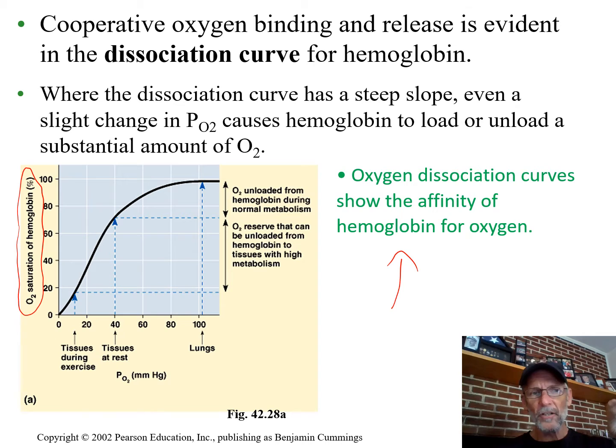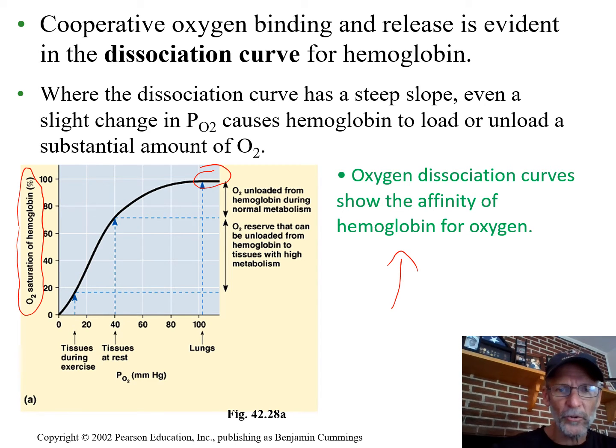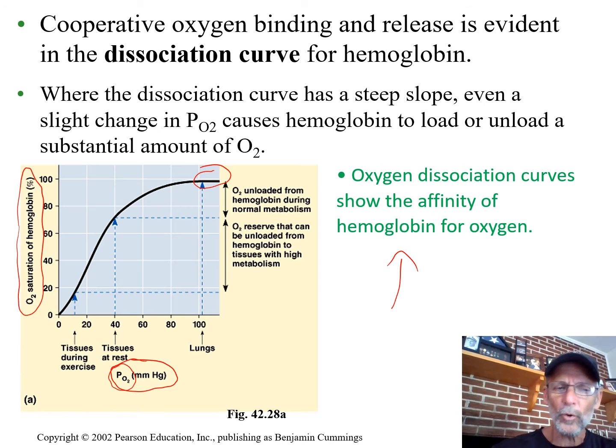Well, a very high percent of your hemoglobins are saturated if the concentration of oxygen, which for no great reason is referred to as partial pressure. I never understood the need for that. It's really just concentration of oxygen.